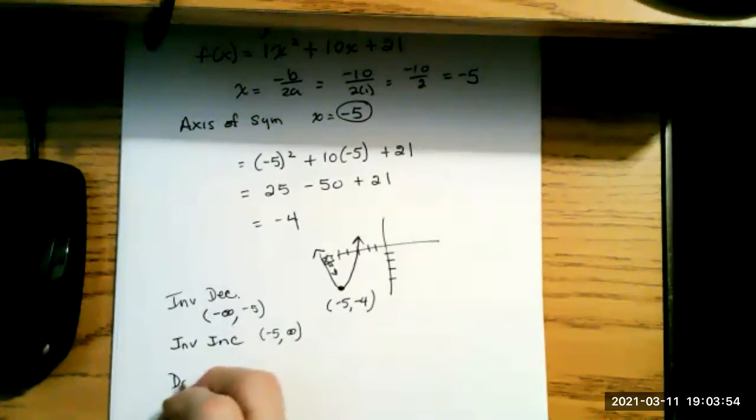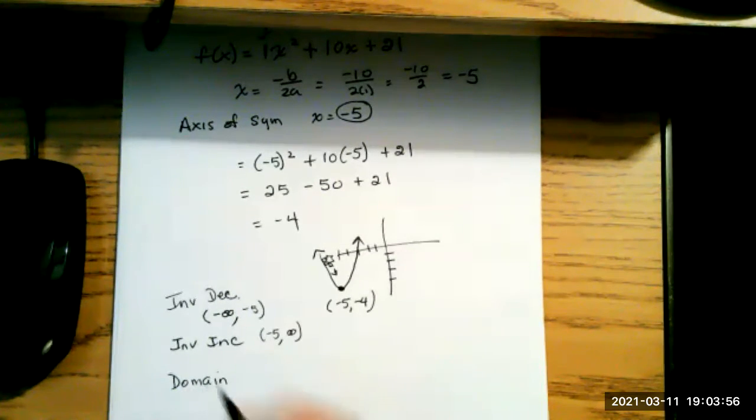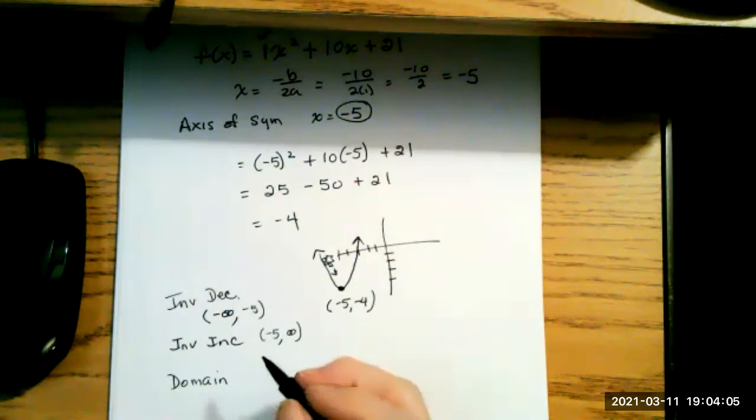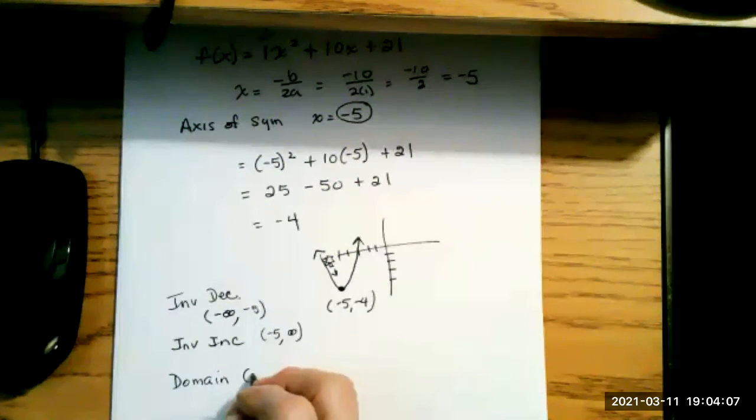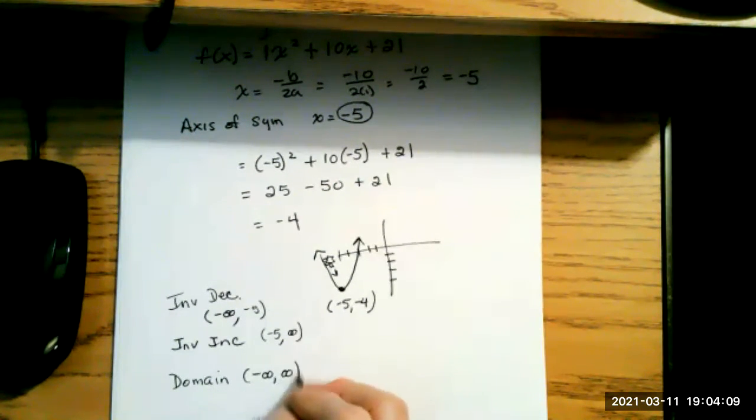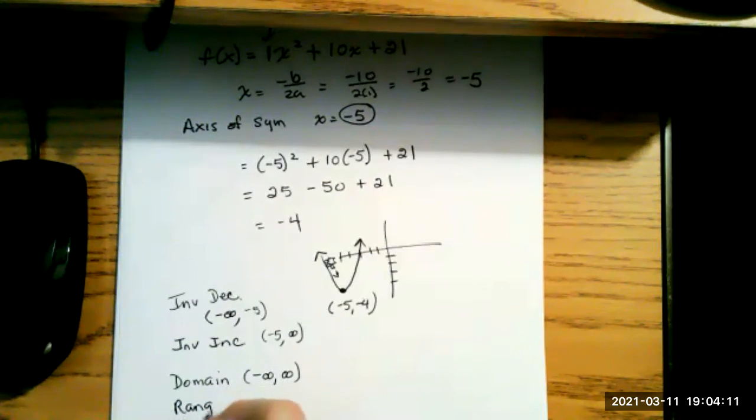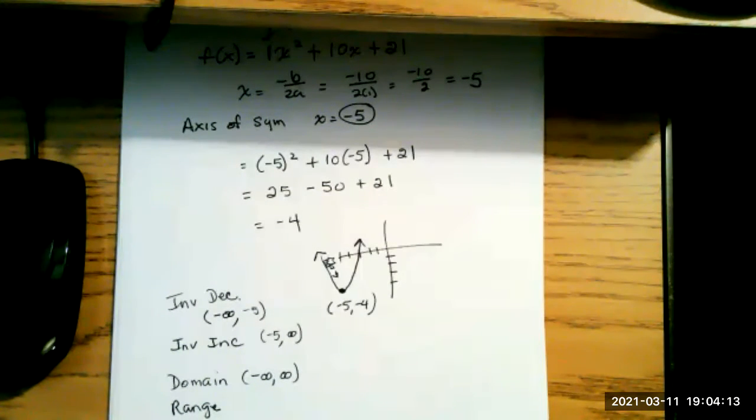How about domain? Can anybody do domain? Parentheses, negative infinity, comma, infinity. And how about range? Range is tricky on this one. What's the lowest y value?